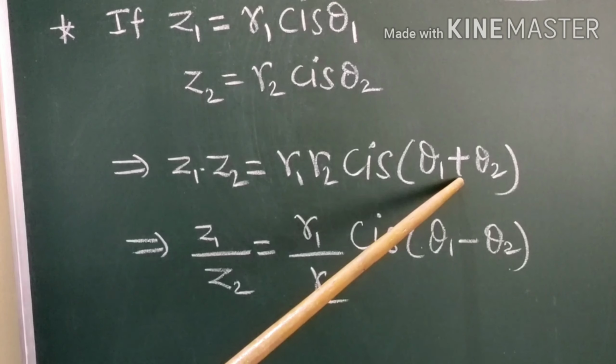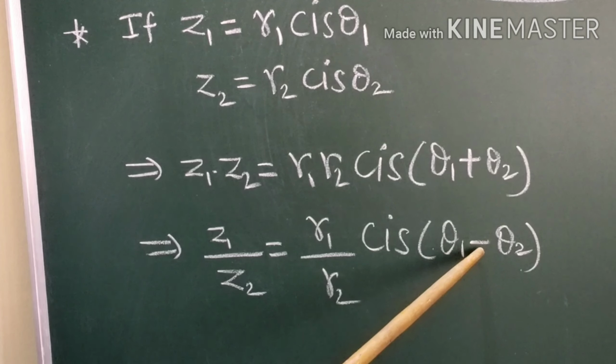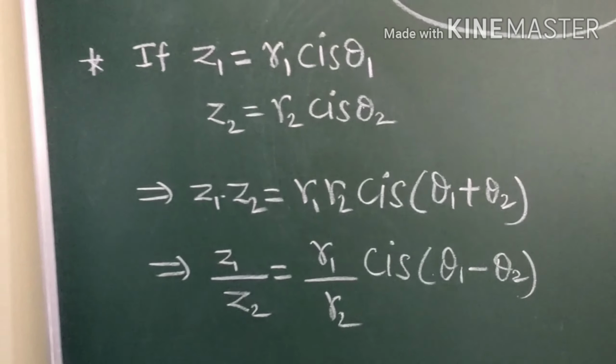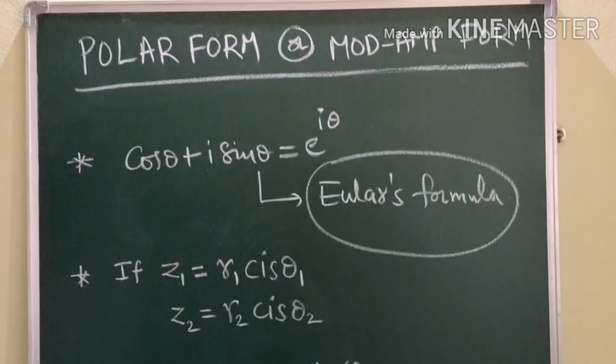Here, addition is for multiplication of complex numbers and subtraction is for division of complex numbers. So this is a brief discussion about the polar form, or mod-amplitude form.